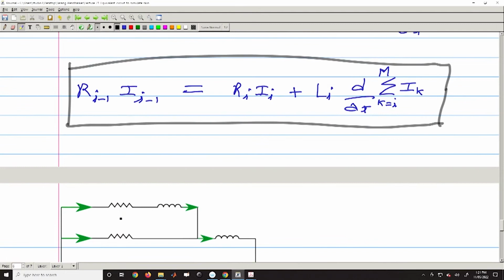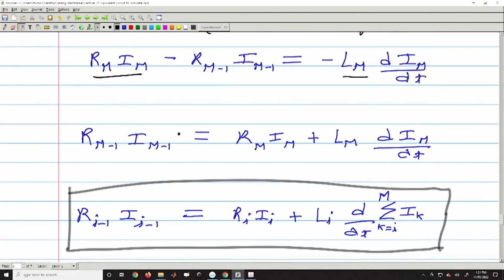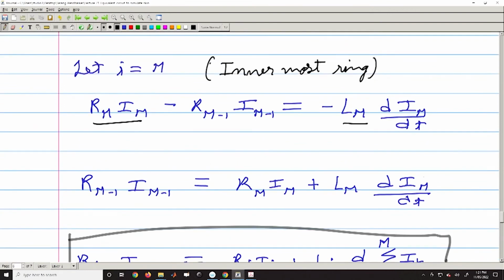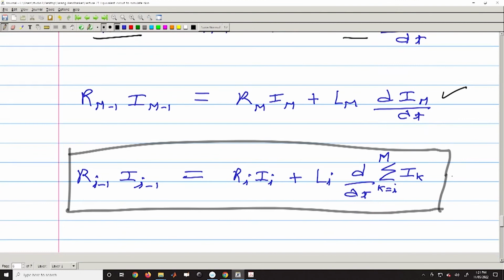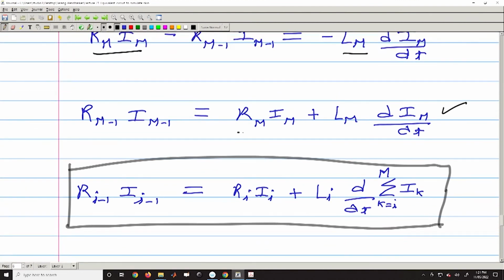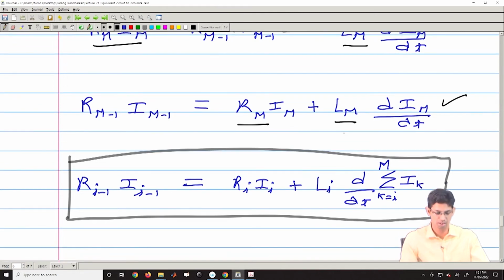If I continue with this, I can make a circuit. Let me explain how. Let us take this equation. What does this equation say? It says that the voltage drop across the mth resistance plus the voltage drop across the mth inductance is equal to the voltage drop across the m minus 1th resistance when this current is flowing.